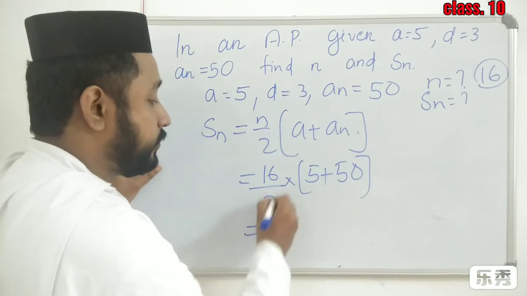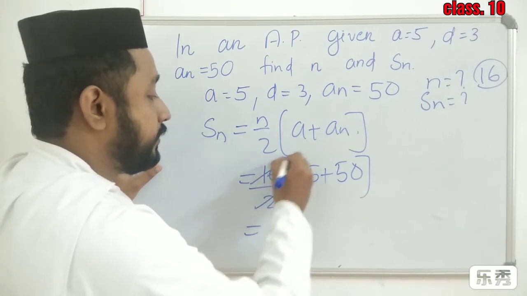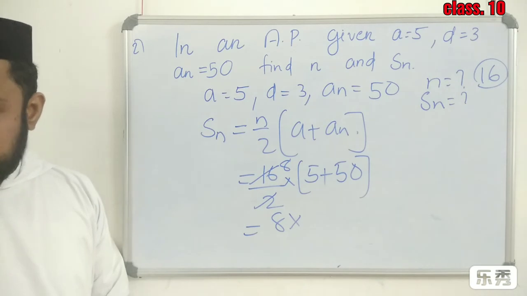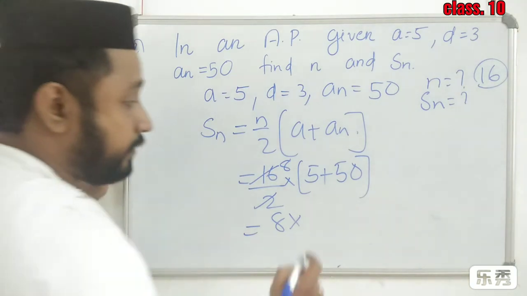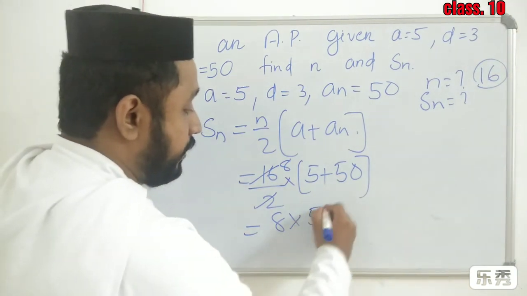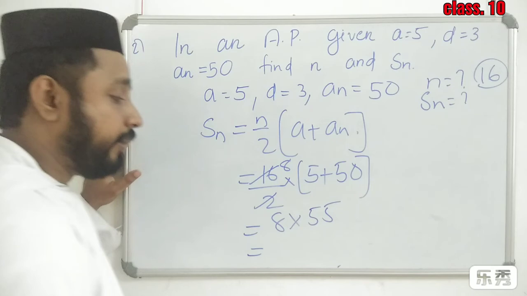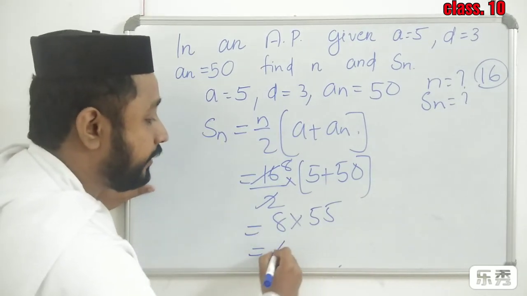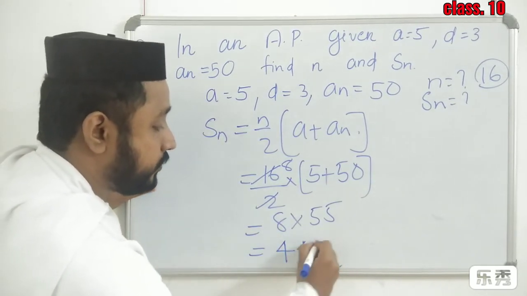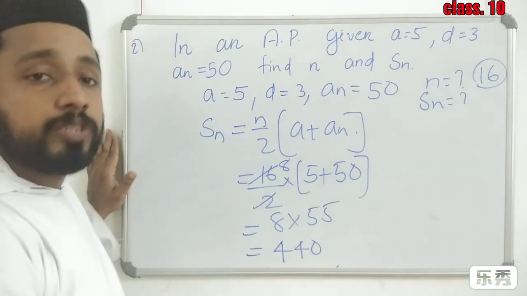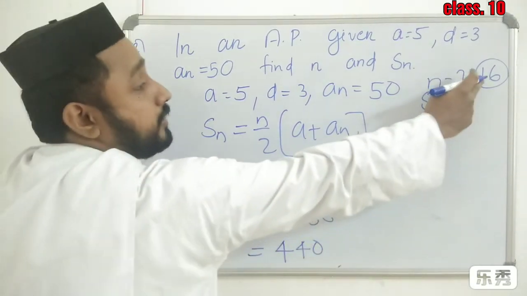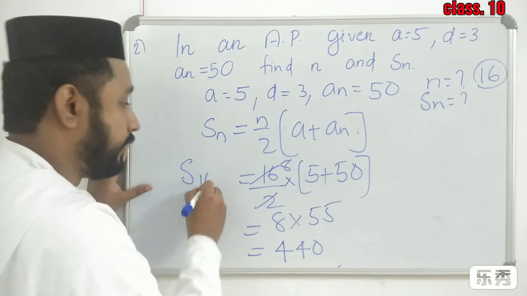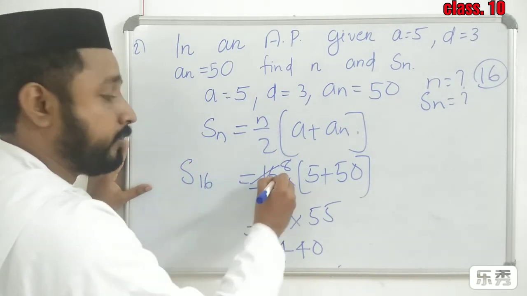We can cut 2 and 16, and we will get 8. So 8 into (5 plus 50), that is 55. 8 into 55, when we multiply 8 and 55, we get 440. So Sn is n by 2 into (a plus an). Here we got n is equal to 16, therefore we find S16. So instead of n, we put 16.